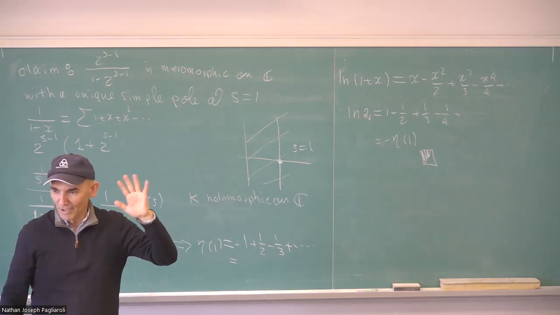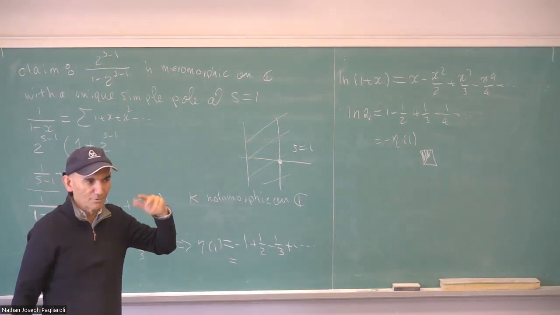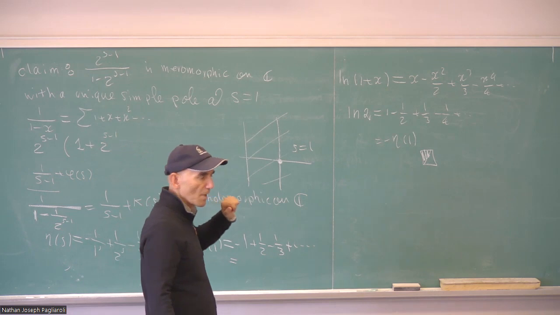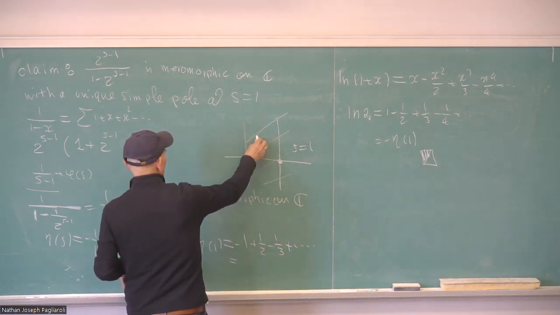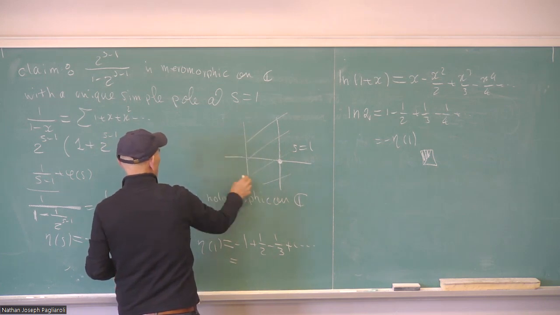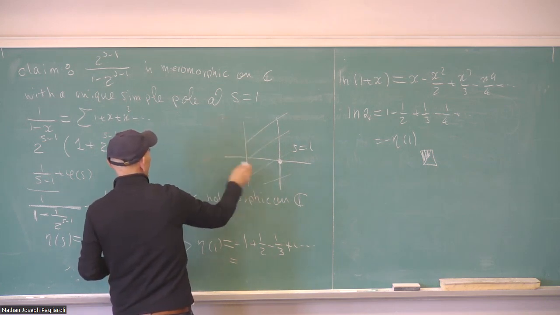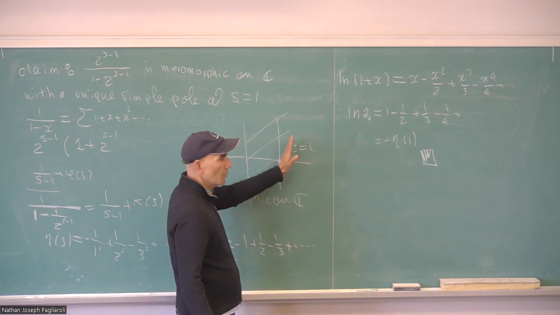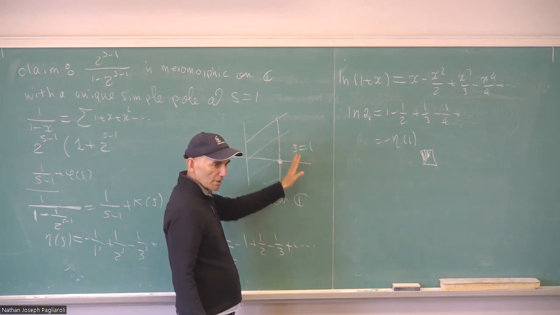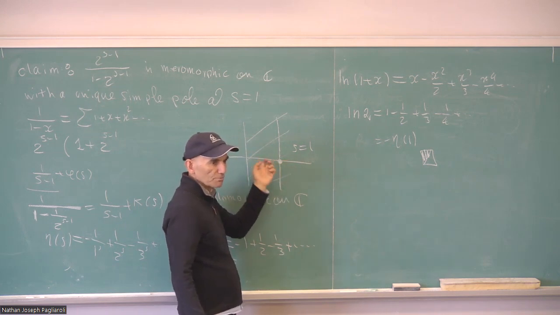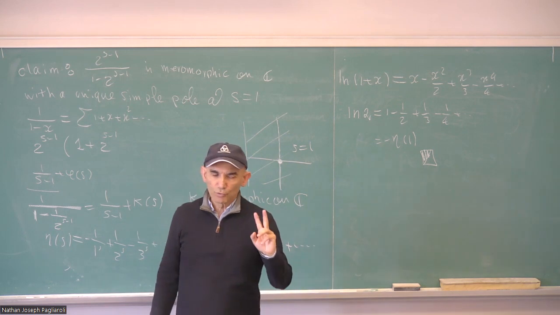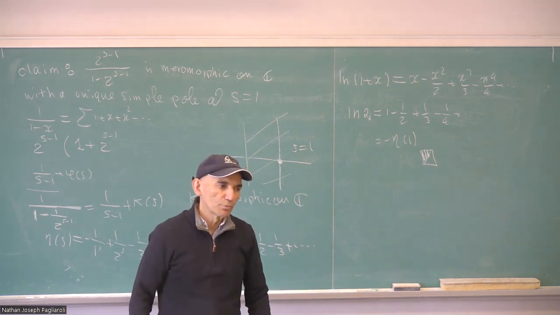So this was Eulerian, but Riemann actually proved that this can be extended to the whole plane. So there is a holomorphic function that coincides with the Riemann zeta function in this region, holomorphic except at s equal to 1, and that's what we call the Riemann zeta function. And he gave 2 proofs of that. I will give you 1 proof, maybe.